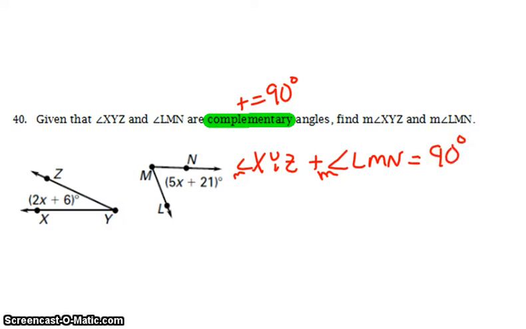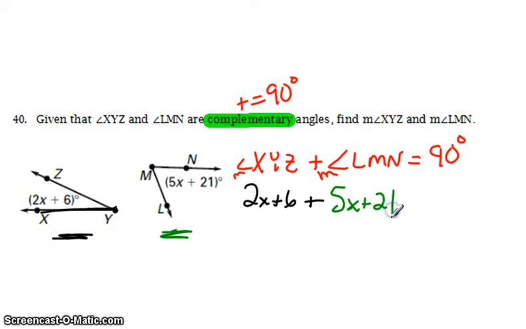So let's fill in. What was XYZ? Well, that's this angle. So 2x plus 6, this angle, plus the measure of LMN, which is this angle, should equal 90 degrees because they're complementary.